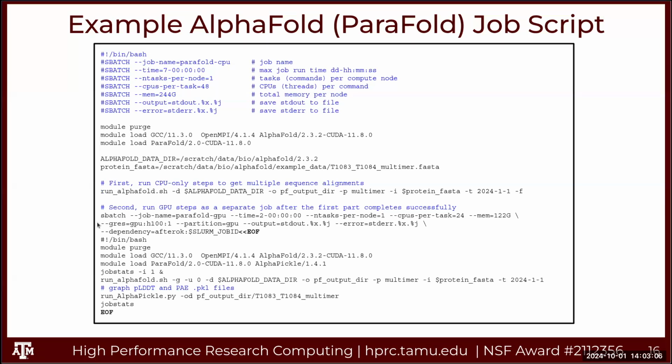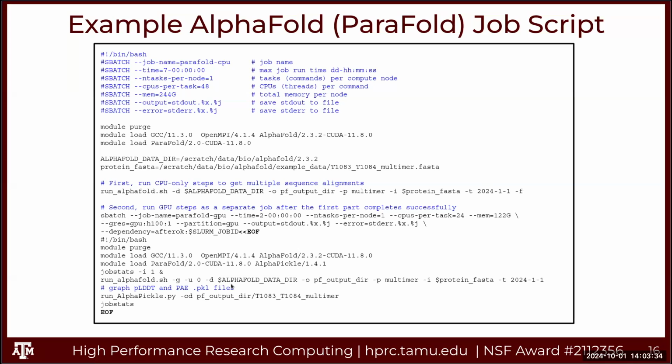So once this completes, your job script will move to the next command, and then it will submit your sbatch job for the GPU part. The GPU part is the structure prediction part. The CPU part is the multiple sequence alignment part.